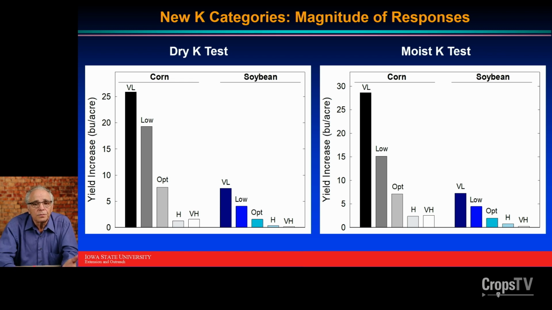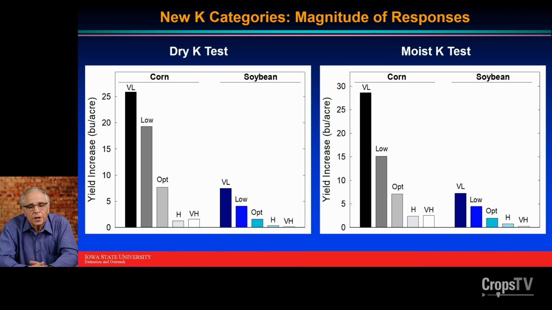These are the yields. Okay, again, for the new categories, this is actual yield. So on the left graph, we have the dry test yield increases, with corn and soybean now separate, and then on the right graph we have corn and soybean too.